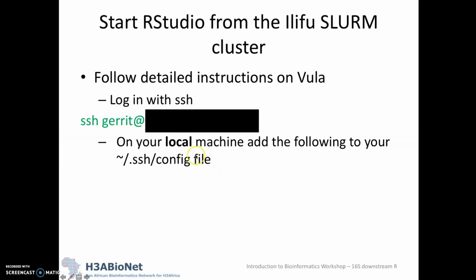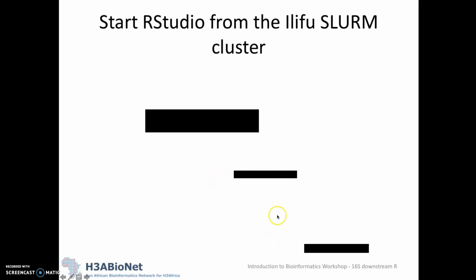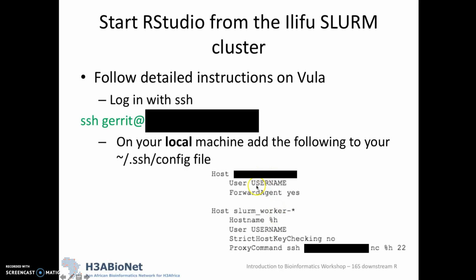And now the next thing you'll have to do is, on your local machine, go to your .ssh/config file. If you don't have one, create one, and then you want to copy and paste this content into that file, and you'll be able to copy and paste that from the instructions on Vula.